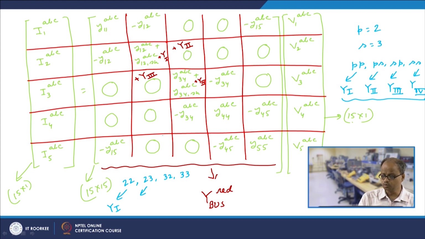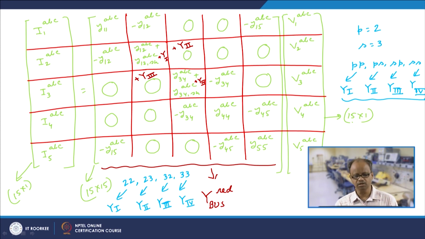At location 2 3 we would be adding Y2, at location 3 2 we would be adding Y3, and at location 3 3 we would be adding Y4 matrix, and that is exactly what we have done.